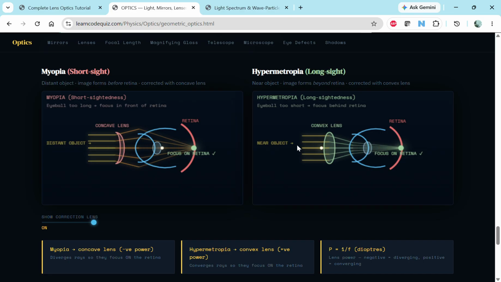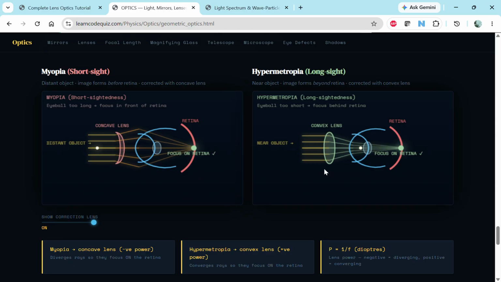But what happens is that the images are formed not at the retina, but beyond the retina, and so they need to be brought to the retina using a corrective lens, which is a converging lens.